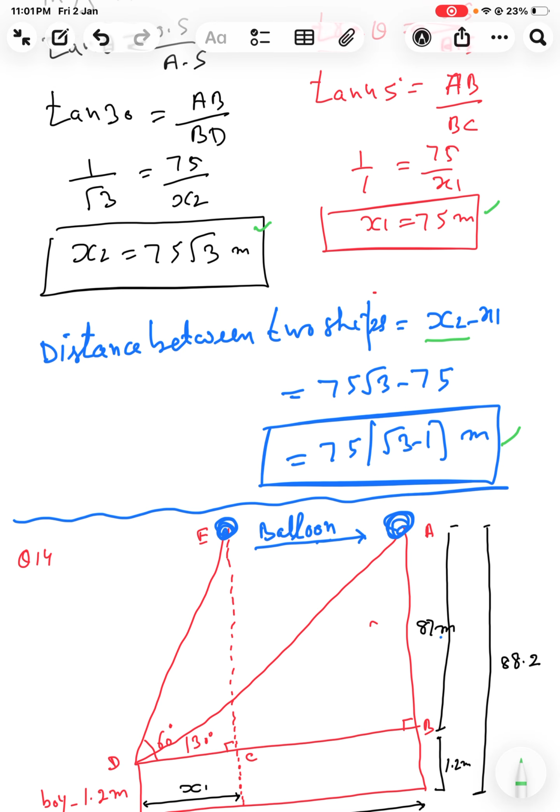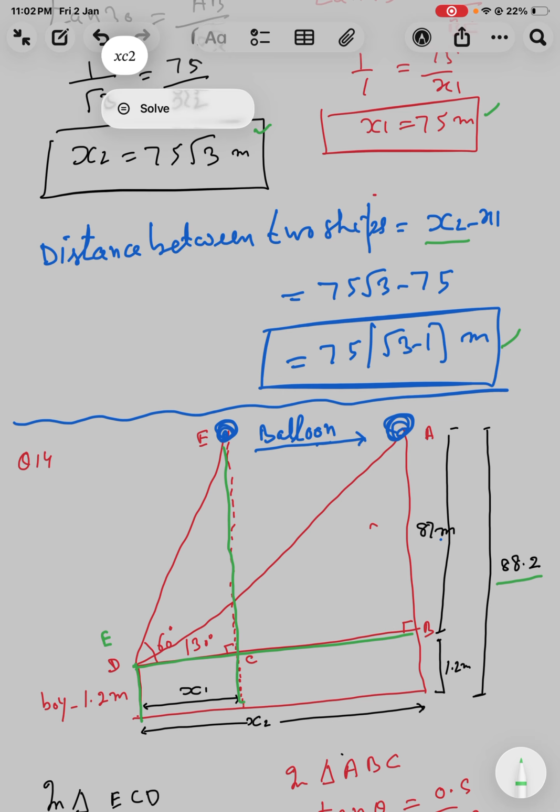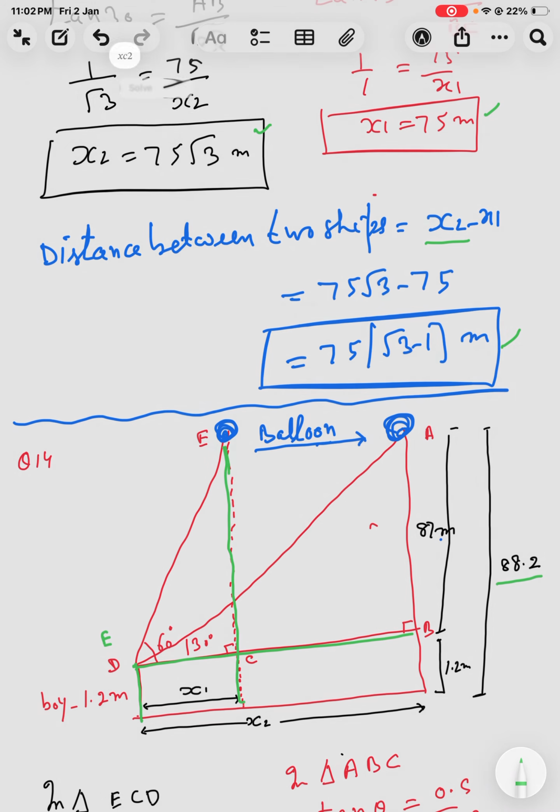At an instant, a boy is flying a kite at a height of 88.2 meter. But the boy's height is 1.2 meter. Angle of elevation from his eye. Therefore, this distance will become 87 meter. Similarly, this is 87 meter. And after some time, the kite moves away.